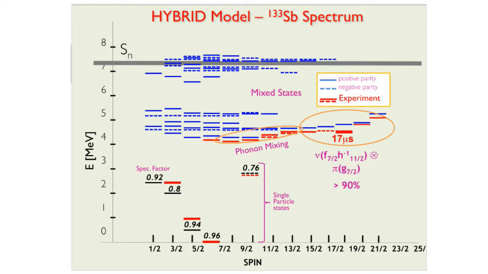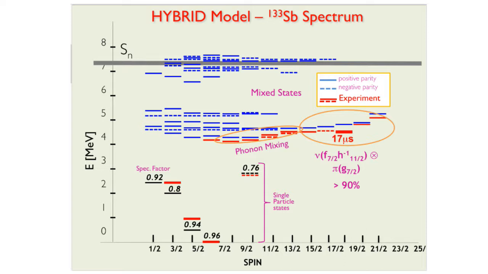If you go into the calculation and look, you see that the high-spin members, which are the ones just observed, come from the same configuration, which is this proton coupled to this neutron particle-hole in the core. While if you go lower in spin, which is exactly where we measured the lifetime, you see that in the calculation there is a strong component coming from the mixing with the phonon.